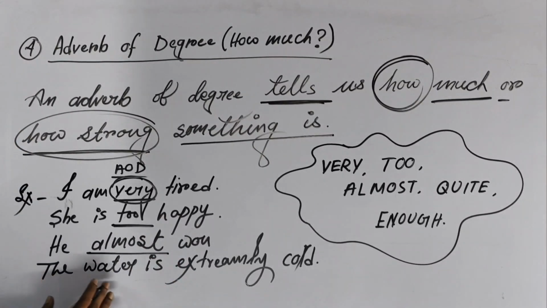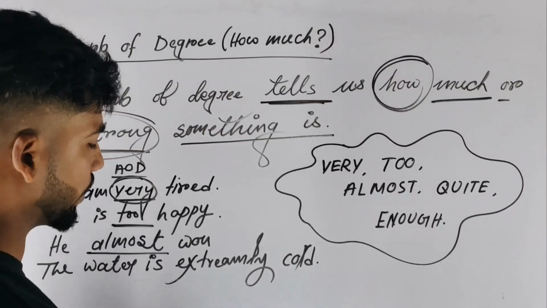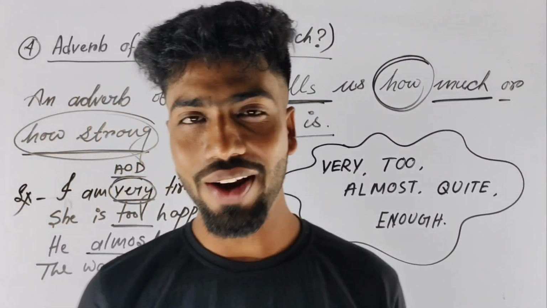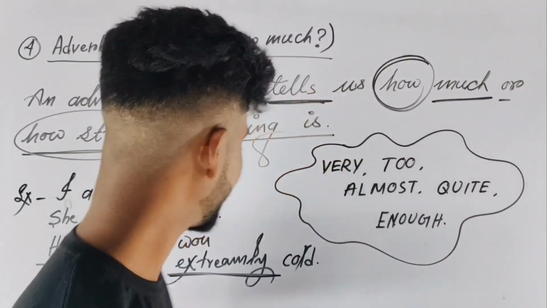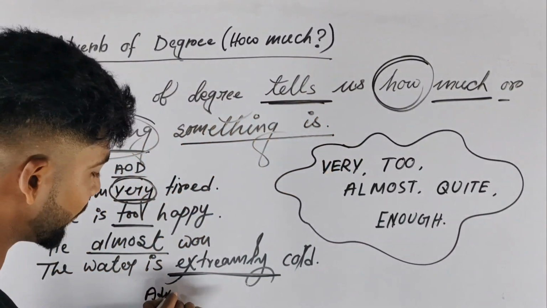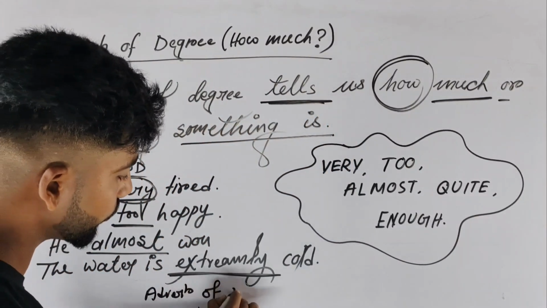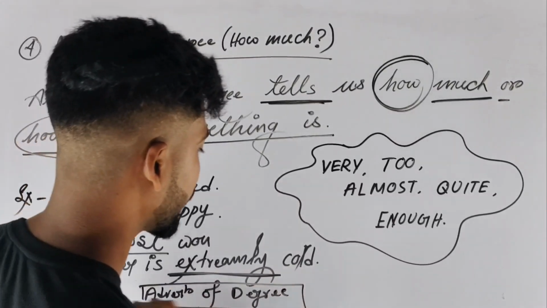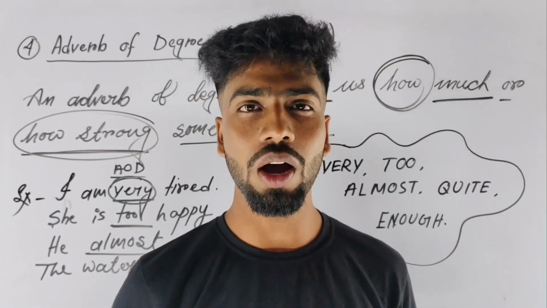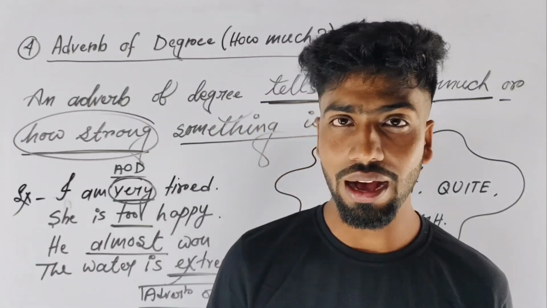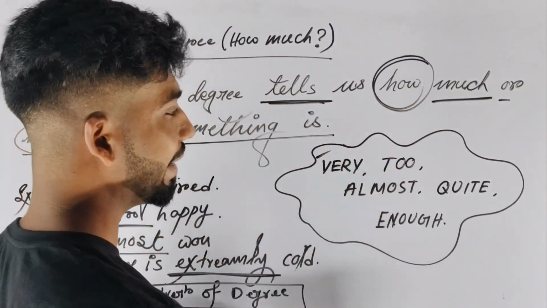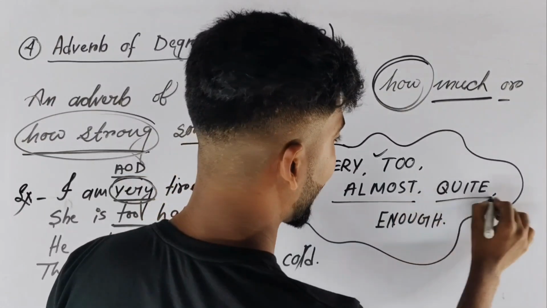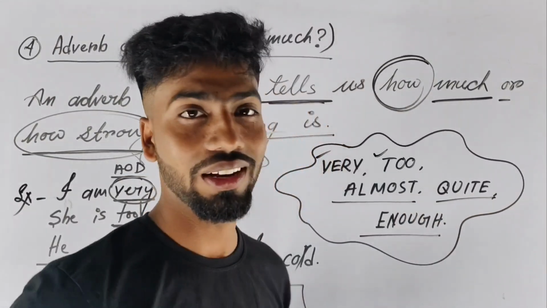And last one, the water is extremely cold. Here, extremely. These words are called adverbs of degree. Most common adverbs of degree are very, too, almost, quite, and last one, enough.